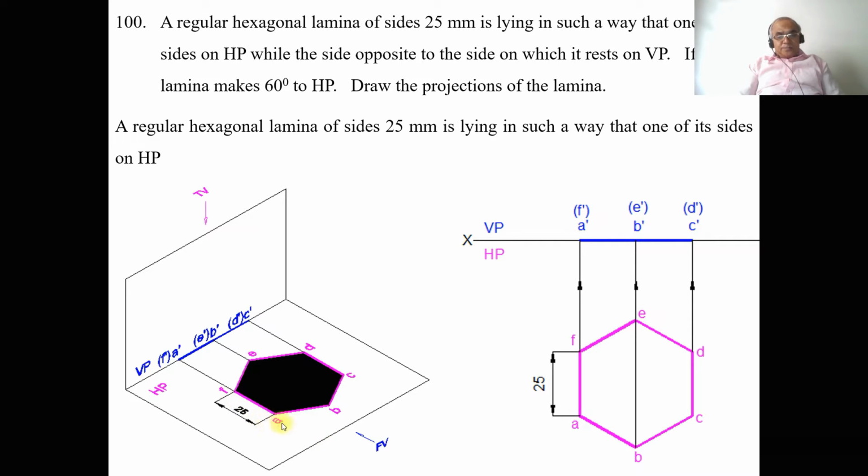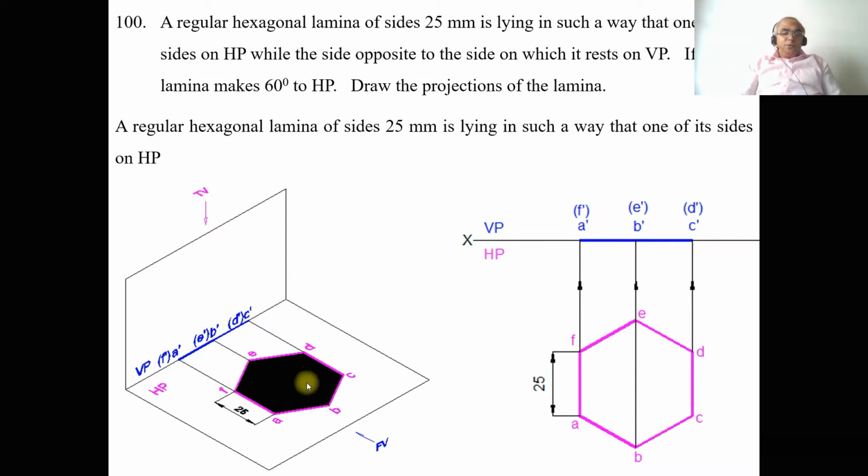Once the surface is parallel to HP, that surface will be perpendicular to VP. Since the surface is perpendicular to VP, you are getting a line in the front view.